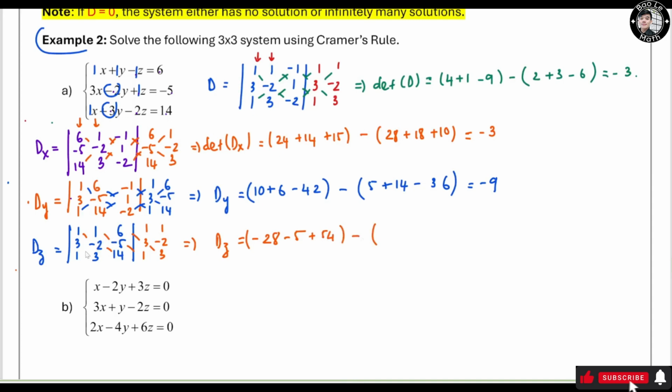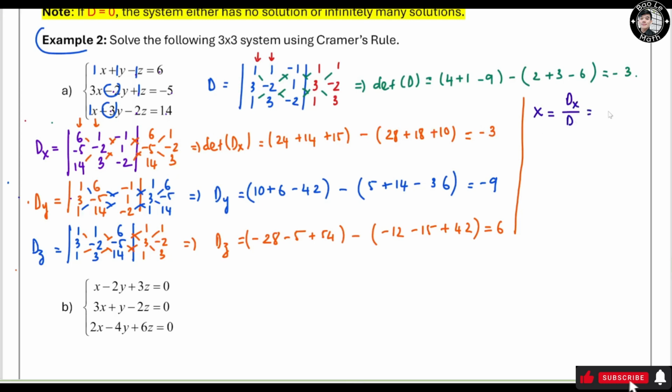Subtract 1 times -2 times 6, -12. 3 times -5 times 1, -15. 14 times 3 times 1 should be 42. Dz is 6, right?